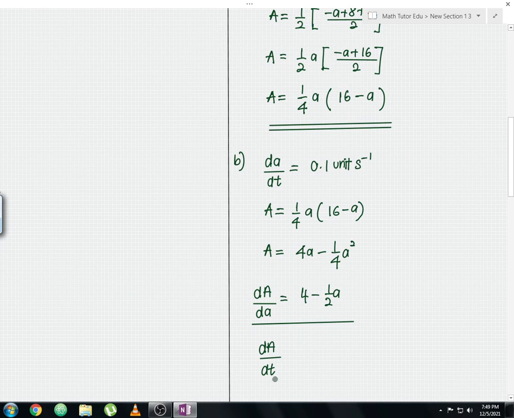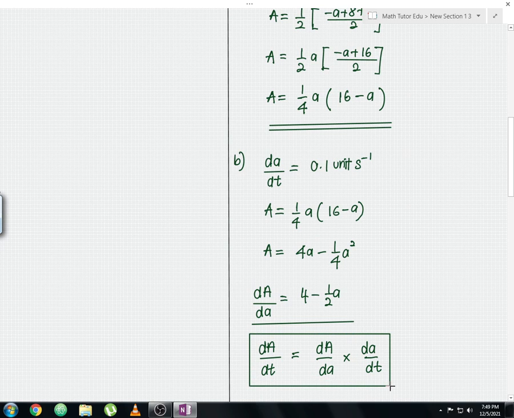So from here, dA/dt will be equal to dA/da times da/dt. So can you see the chain rule form? This is the chain rule that we are going to use to find the rate of change.